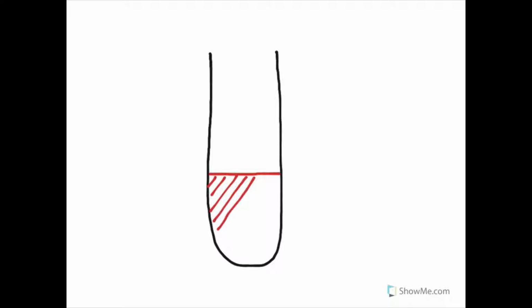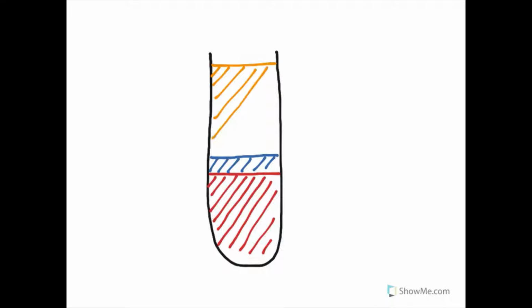I will shade this in and then erase part of the shading just to make this a little more visible, and we'll talk about what each component is. This would be a vial of blood that had been centrifuged down. I took whole blood, put it in a vial, and centrifuged it down. The heavier stuff is at the bottom, the lighter stuff is at the top.